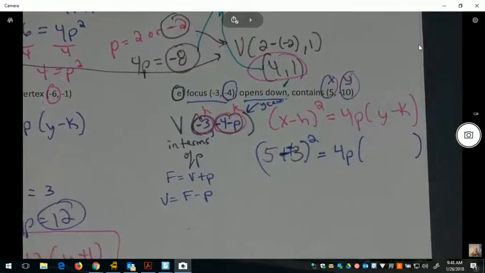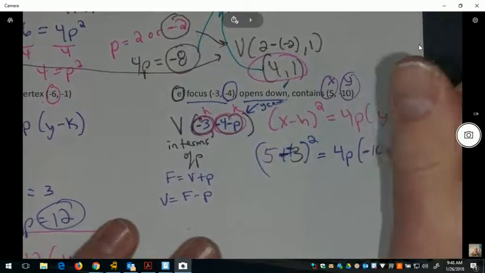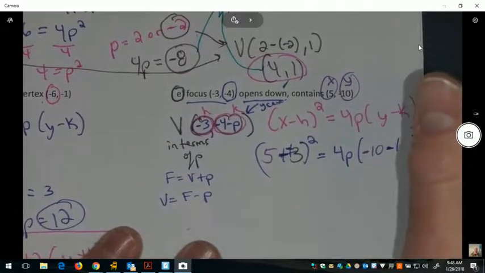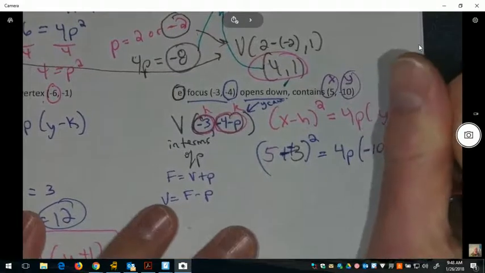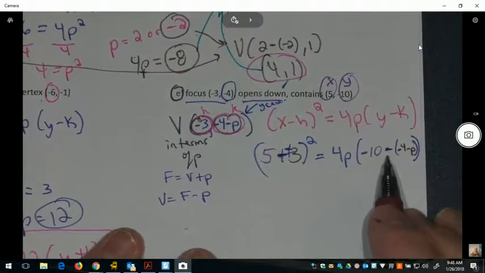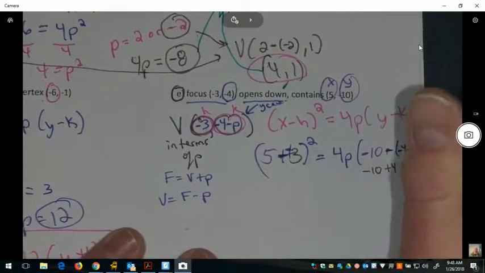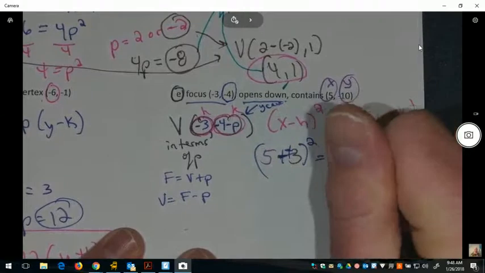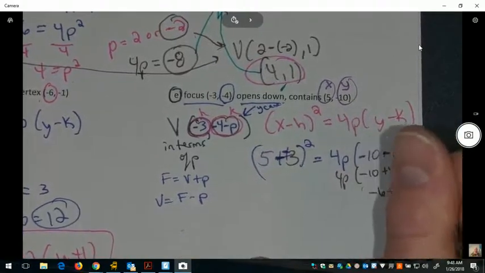We do know a number for y. Our number for y is -10, minus our expression for k, which is -4 minus p. When I distribute this negative, it's going to be -10 plus 4 plus p. -10 plus 4 is going to be -6 plus p.